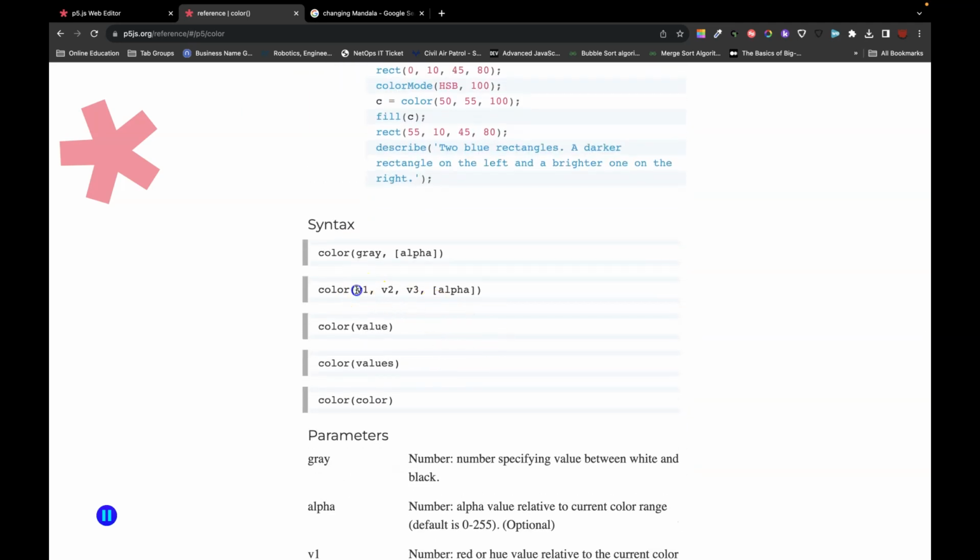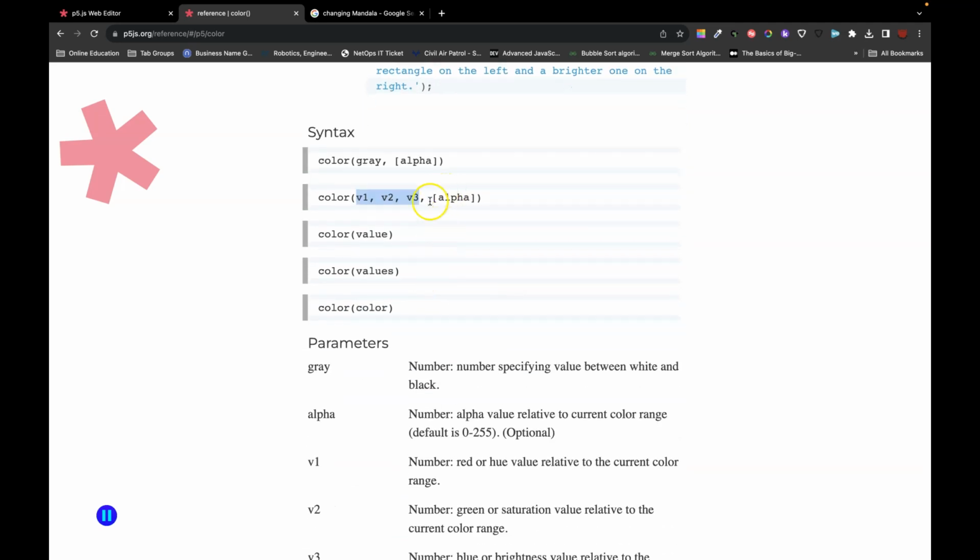We have each channel, which is red, green, blue, and then we have an alpha channel. The alpha channel stands for how clear or transparent something is, and the value for it is 0 to 255.